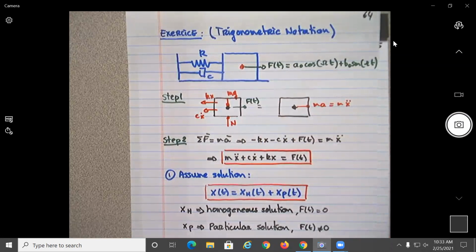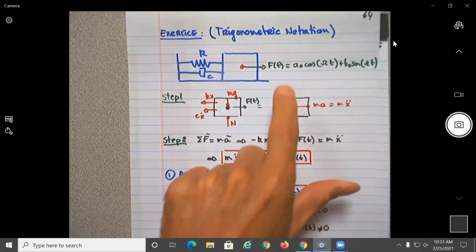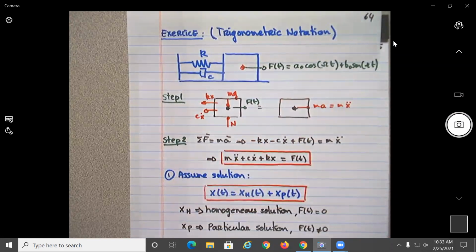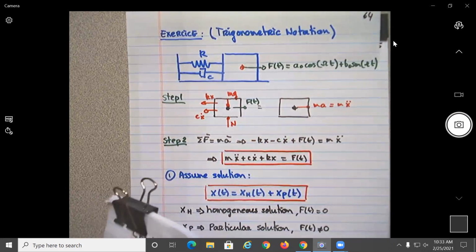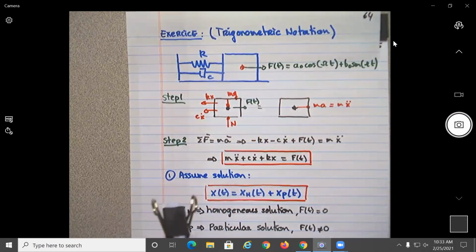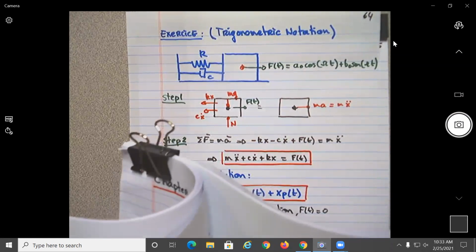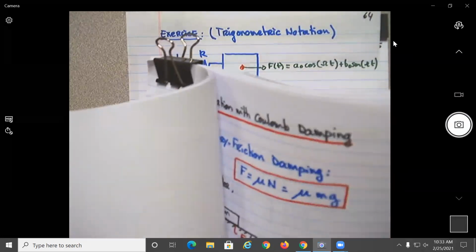So when this is equal to 0, we derived the solution in the pages, let's see, I have it here.